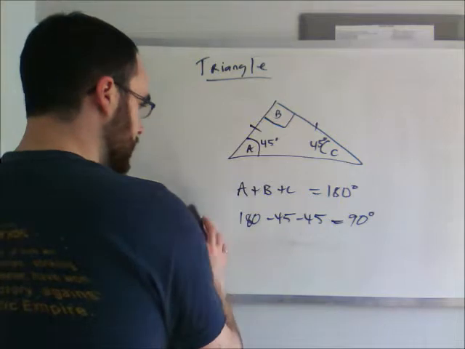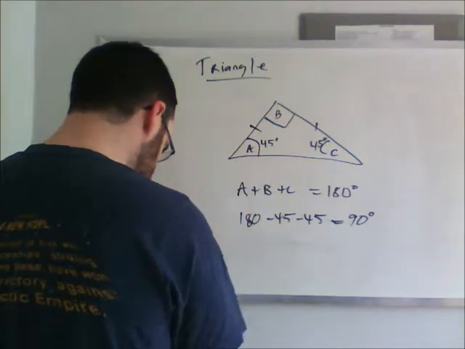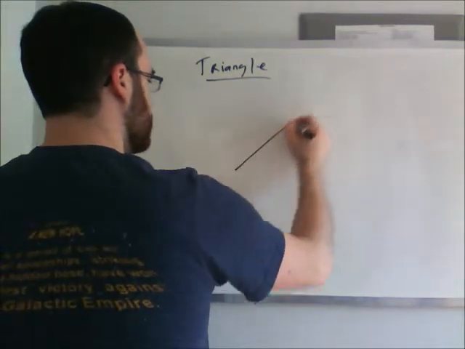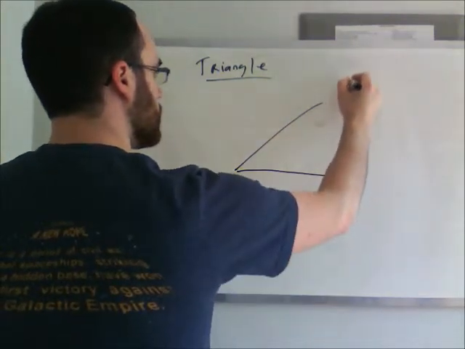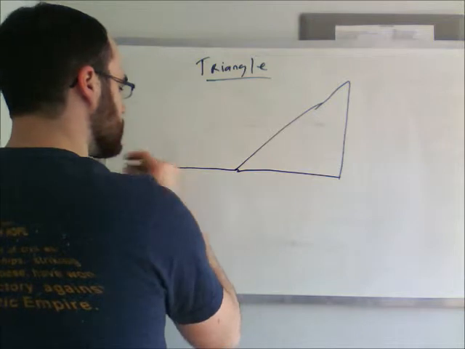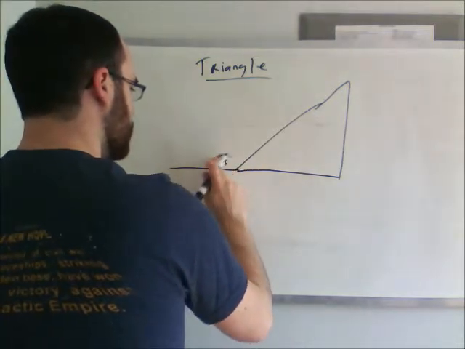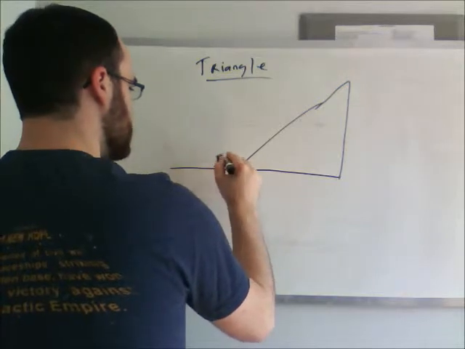The next one we'll talk about is, well, let's do an example on this. So let's say we have a triangle like this, and we know this angle is, not 40, it has to be higher. Let's say this angle is 100.